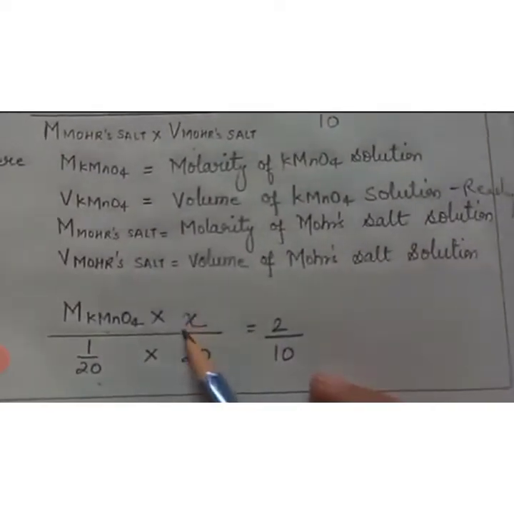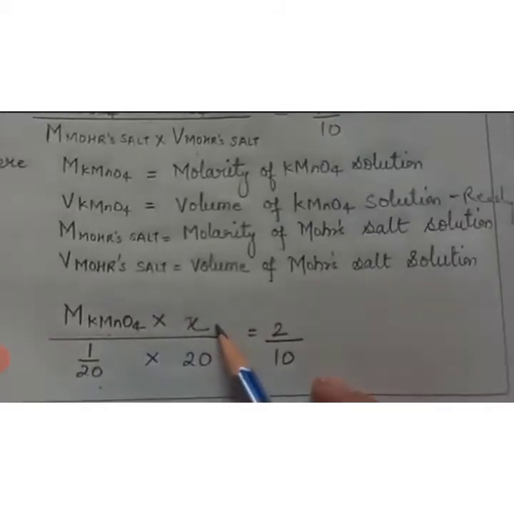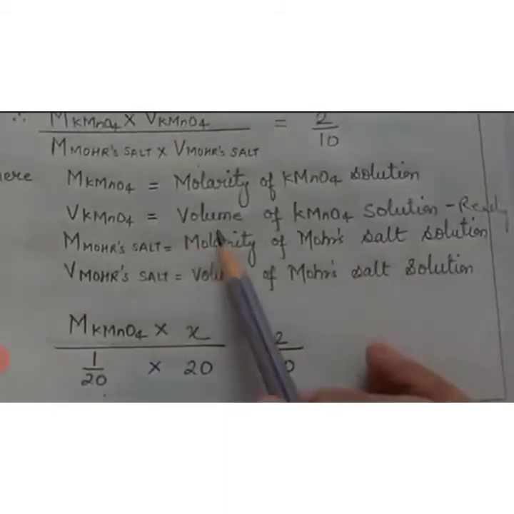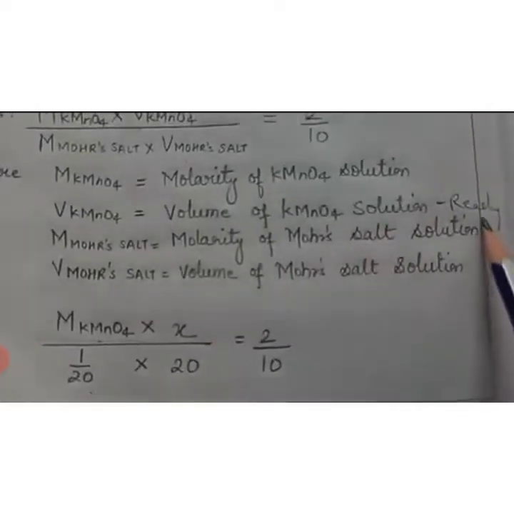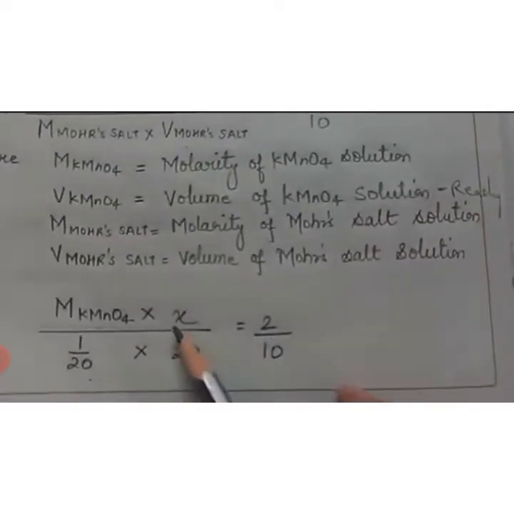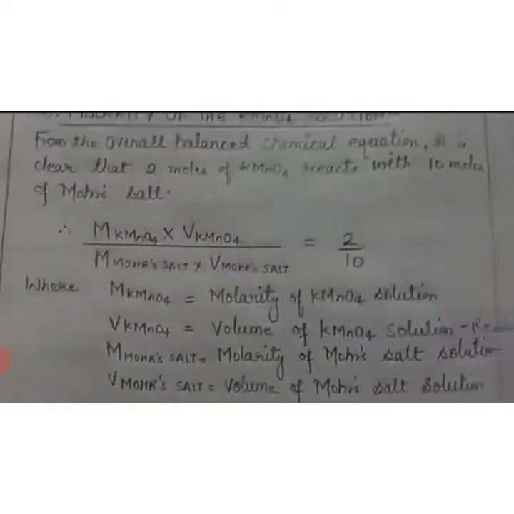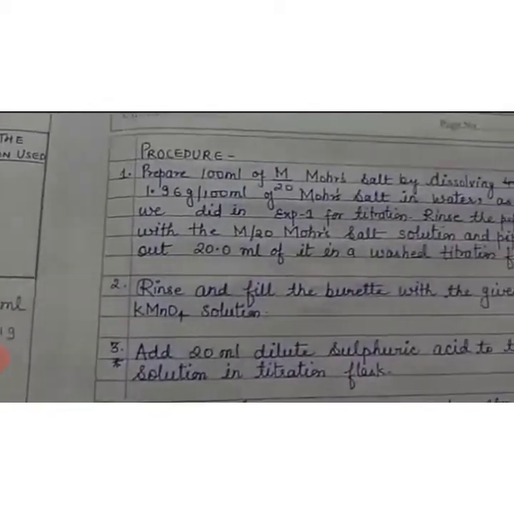Here X stands for concordant reading. So whatever reading you are getting, that you are going to substitute in place of X to get the answer of molarity.